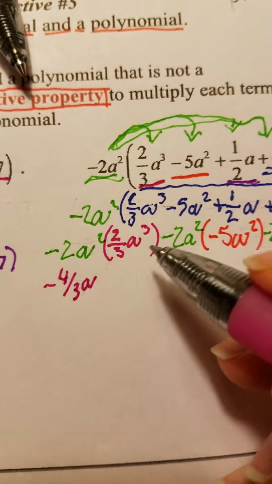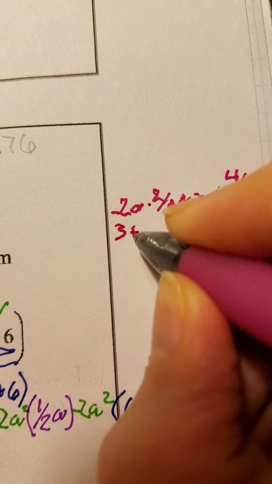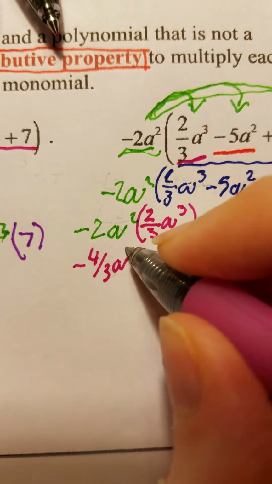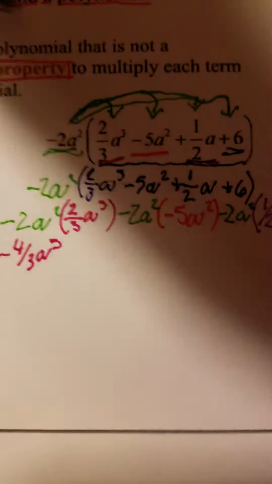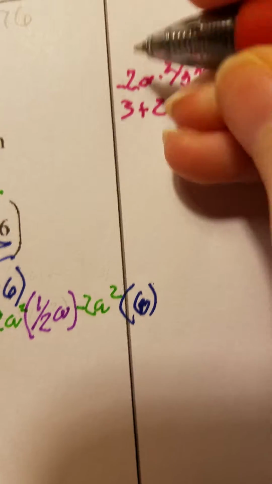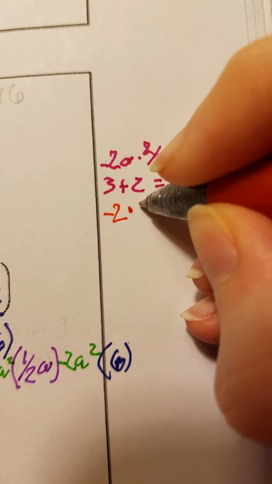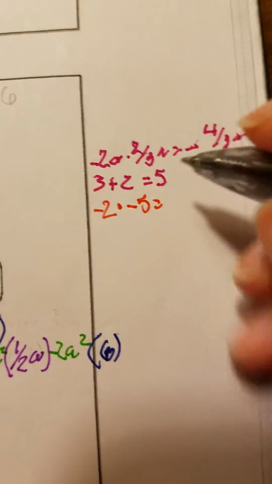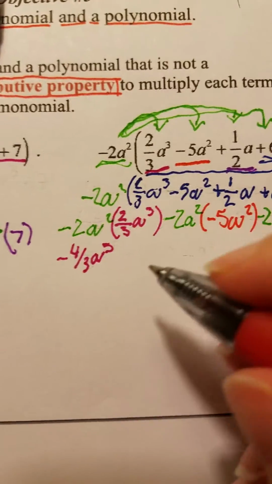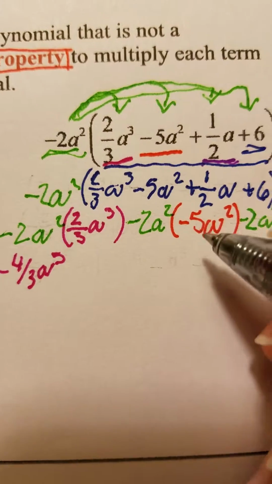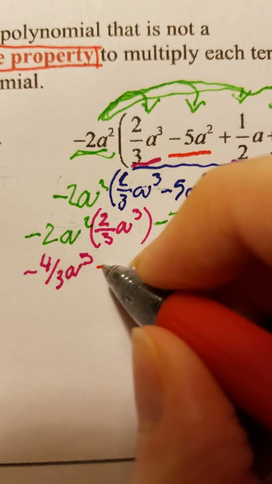So now you look at your exponents. Your exponents are 3 and 2, and what you do is you add them. 3 plus 2 equals 5. So then you have negative 4 over 3a to the 5th. Next, what is negative 2 times negative 5? Negative times negative is a positive, so it equals positive 10, and then you add your a.